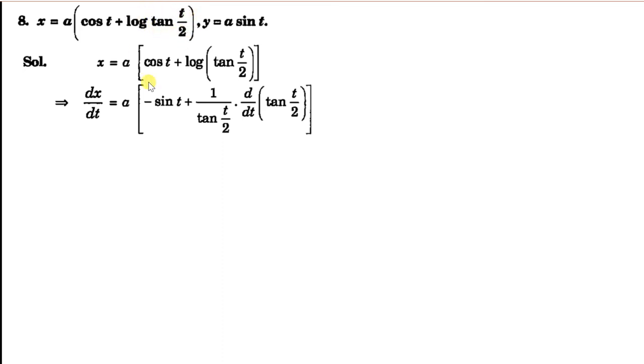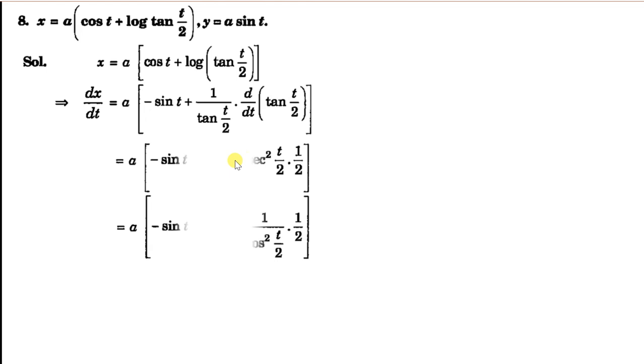So we will multiply this with the derivative of tan t by 2. And the derivative of tangent is sec square. But here again we have to use the chain rule because here it is not simply t, it is a function of t which is t by 2. So we get sec square t by 2 multiplied by the derivative of t by 2, that is 1 by 2.